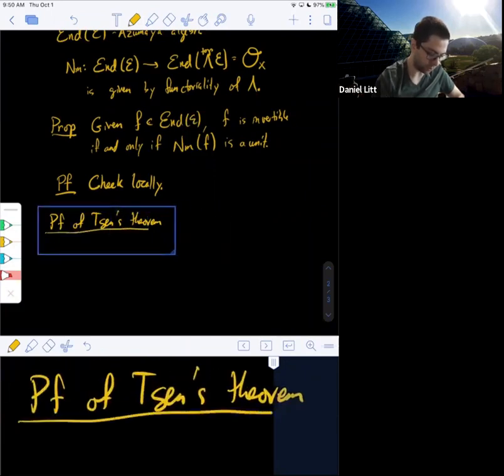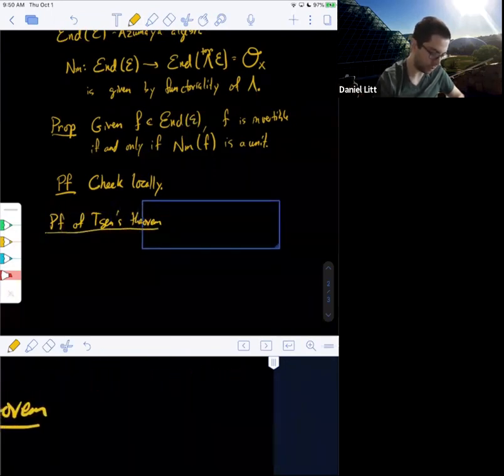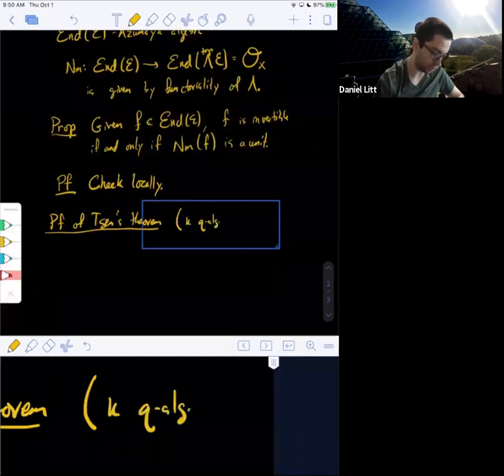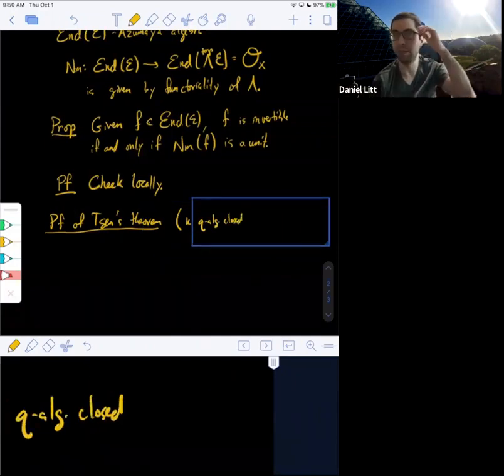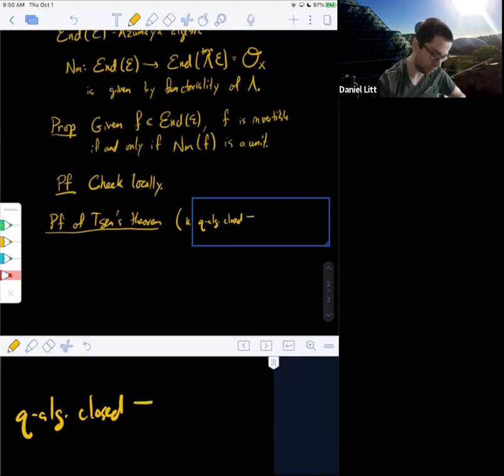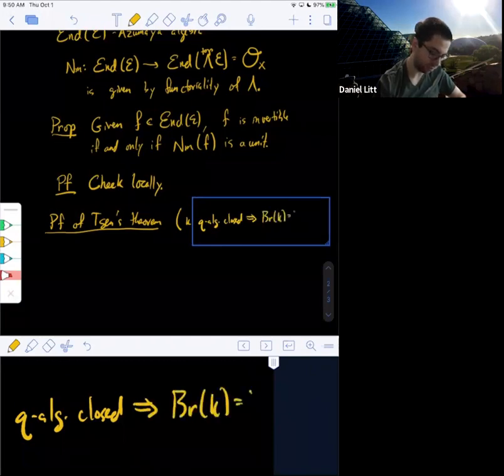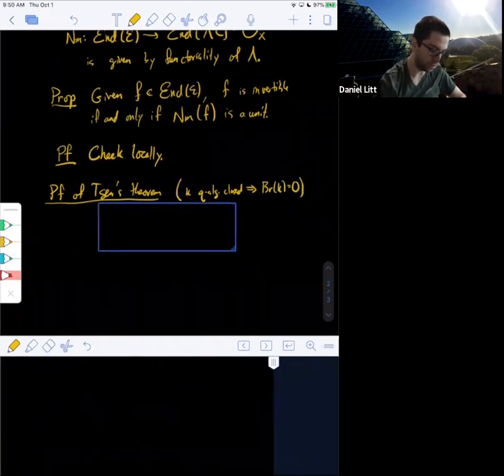So let me remind you what this said. K quasi-algebraically closed. Just a reminder, that means that a homogeneous polynomial of degree less than n in n variables has a non-trivial zero. So this implies that the Brauer group of K is zero. So what do we want to show?